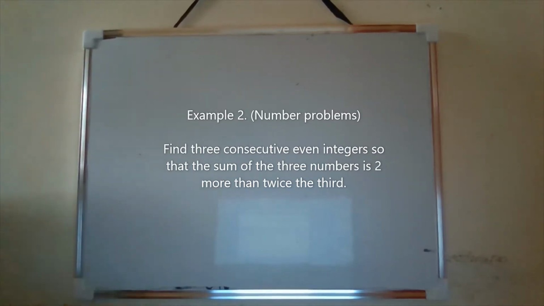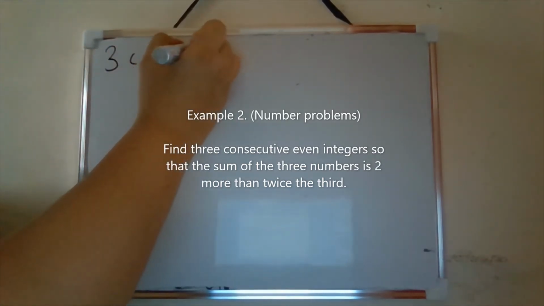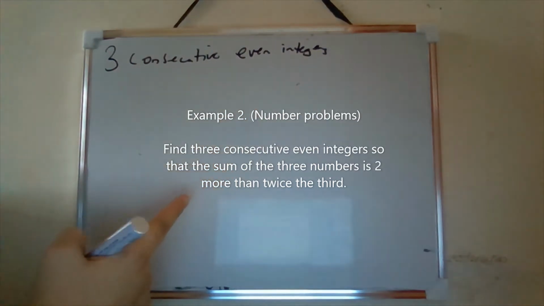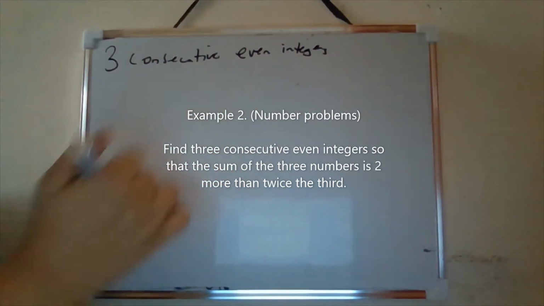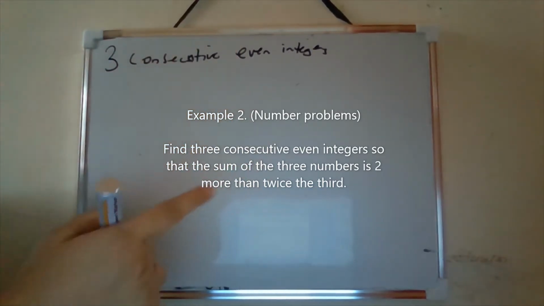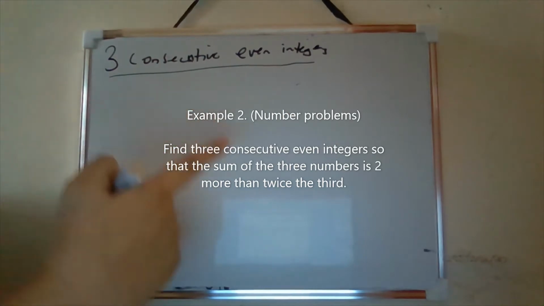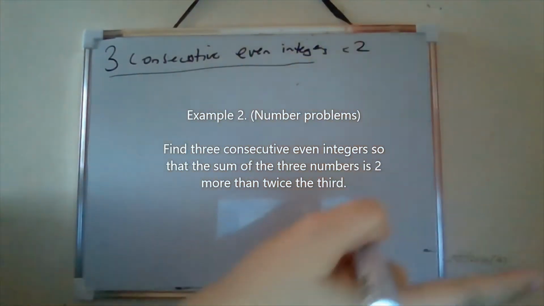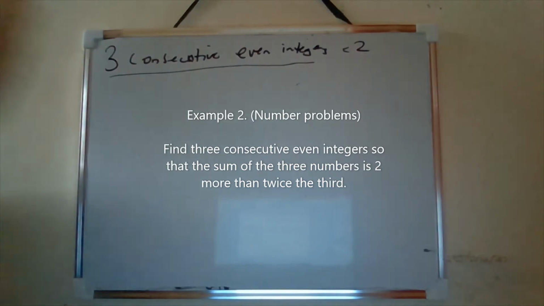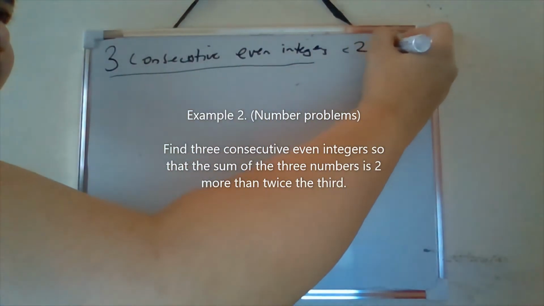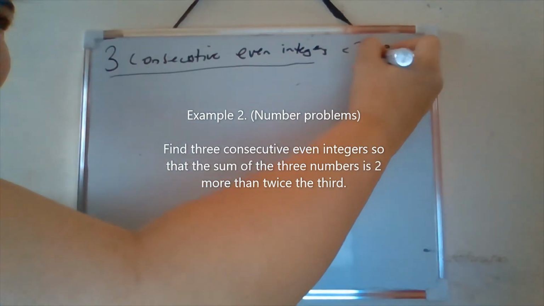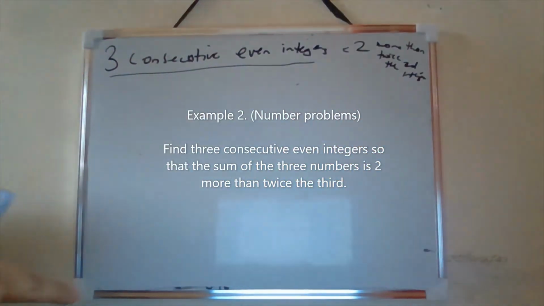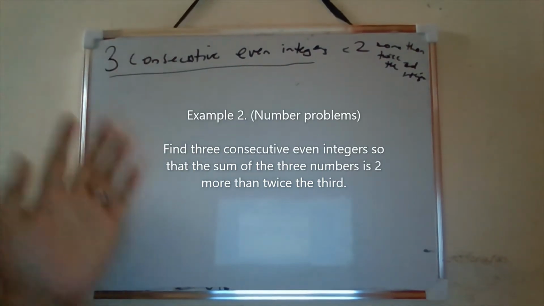So again, we are looking for 3 consecutive even integers, so that if we add these 3 consecutive even integers, we get 2 more than twice the third even integer. This is what we need to look for.